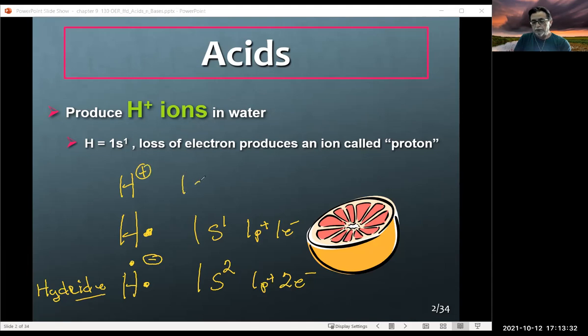Now the 1s orbital is empty; it lost that 1 electron, so I only have 1 proton. Its name now is a very special name: we call that a proton. A proton is a hydrogen atom that has lost its electron.